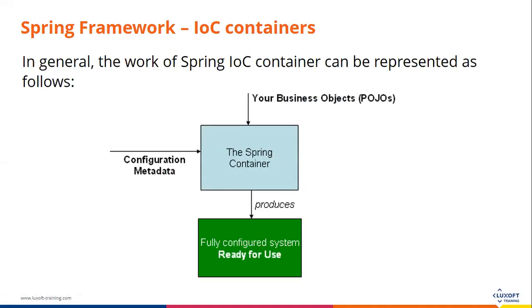How do we work with the Spring framework and with IoC containers? Here we have a global, or overall, picture. The Spring container needs two kinds of information. It needs the business objects, or POJOs, from here, and these are our classes, Person and Company, for example, that we have already presented.